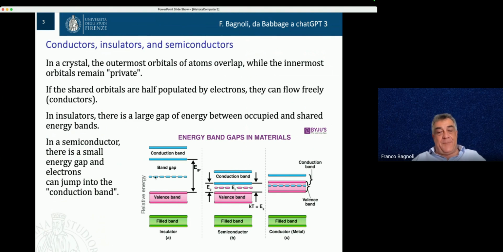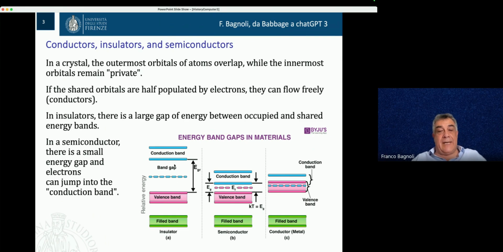The idea is that in a crystal there are bands available to the outside electrons, which are populated up to a valence band, and then depending on the material, we can have a gap. Only if you furnish enough energy to electrons can they jump from the valence band to the conduction band, and this is essentially an insulator.